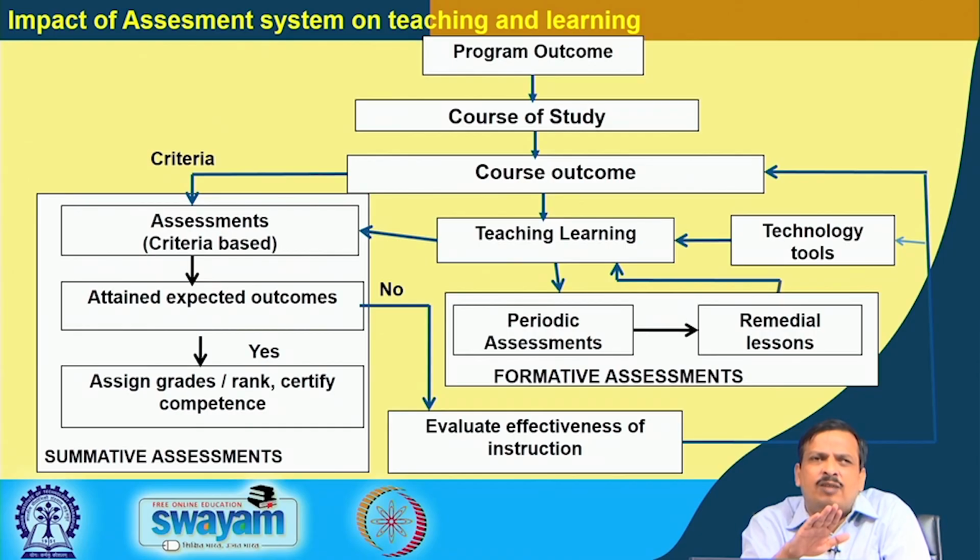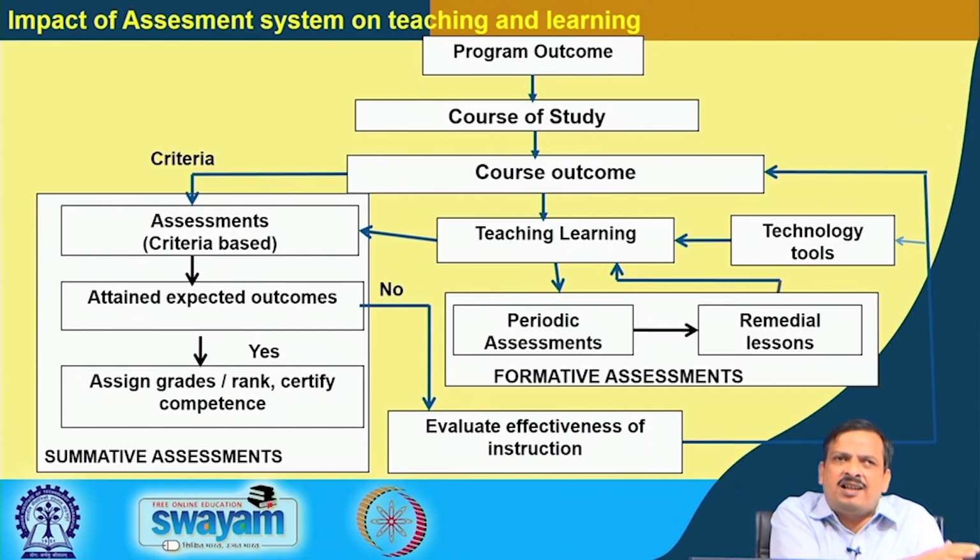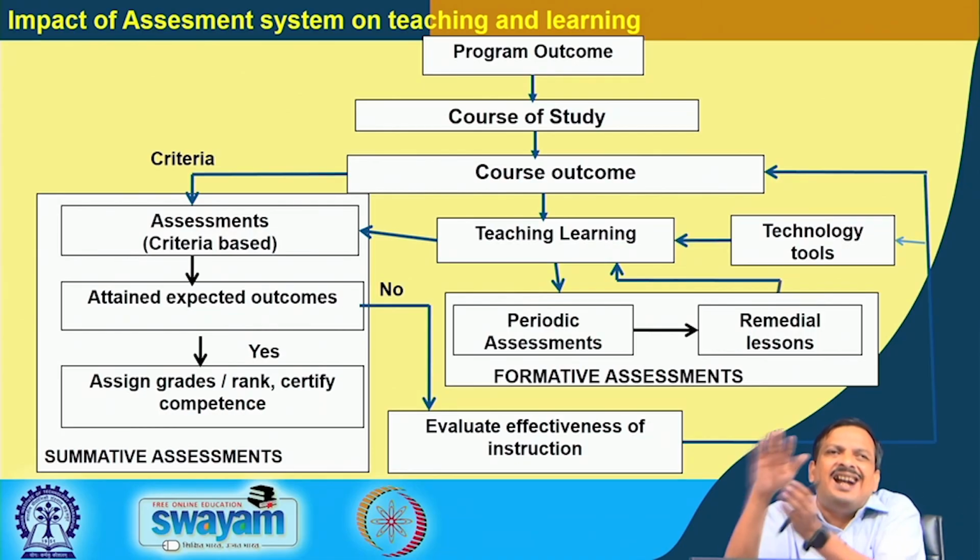So, attainment calculation is very important for two aspects. One aspect: as a teacher, a program designer or an institute, you can get feedback on which points you have to improve. The other: as an accreditor, the certifying body certifies that this course is accredited.